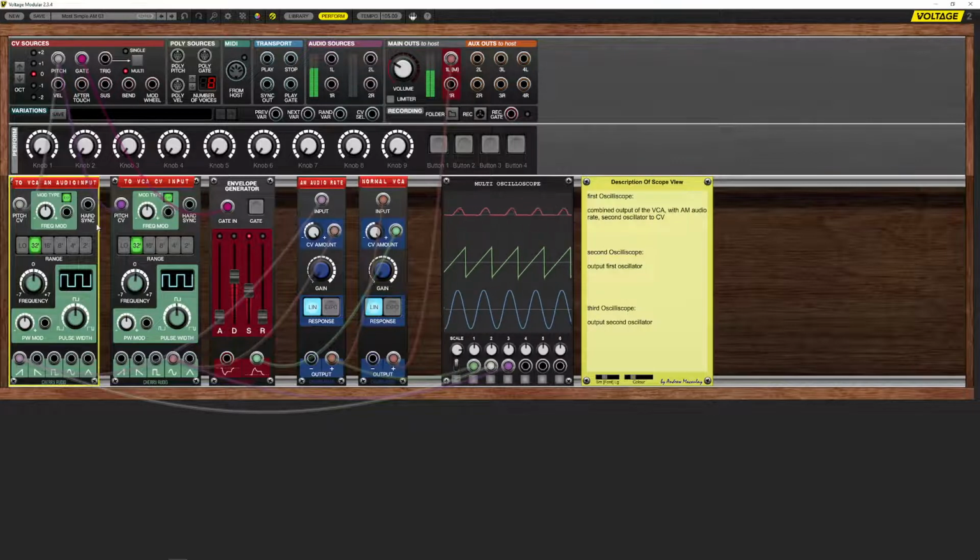That the sine wave and the square wave are not in phase because they are not synced.